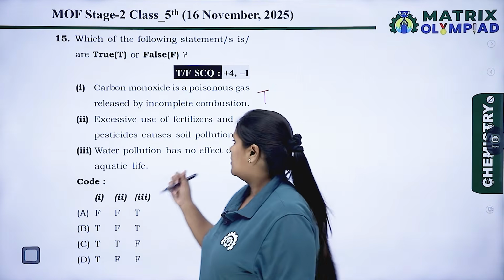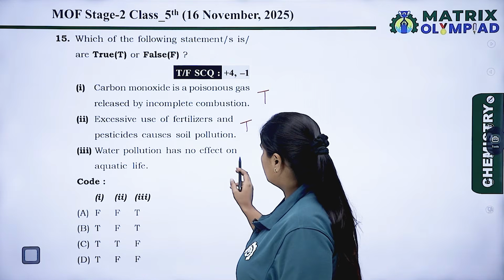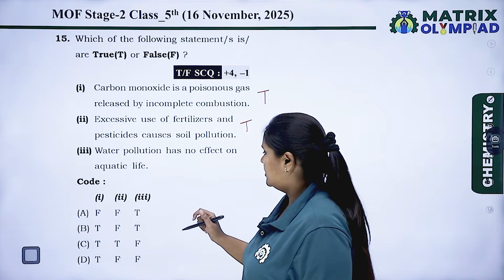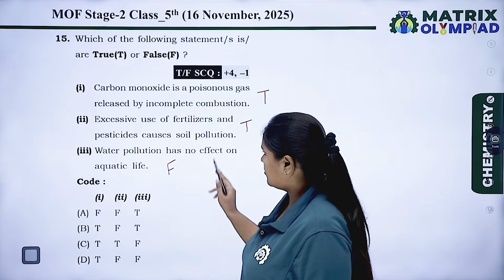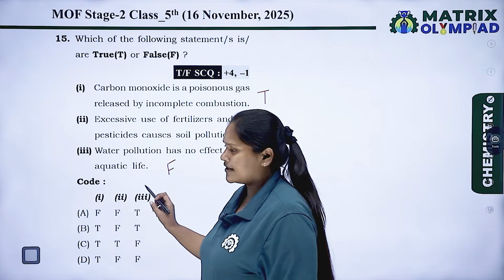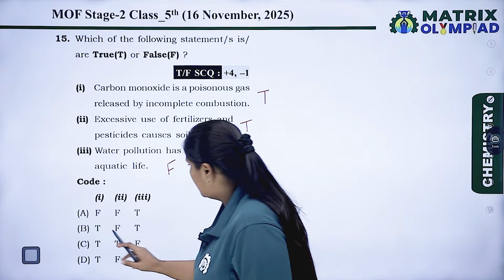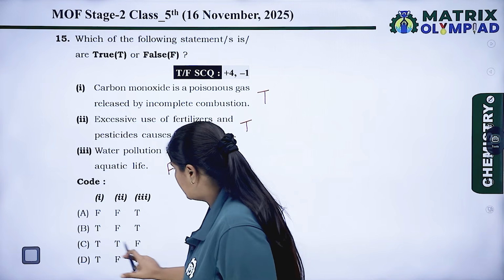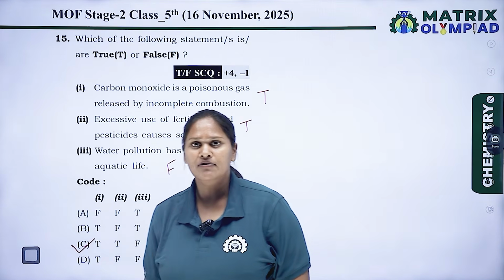We know this is true. Water pollution has no effect on aquatic life. This statement is false because we know water pollution affects aquatic life. So the sequence is true, true, false, in option C. So option C is the right answer for this question.